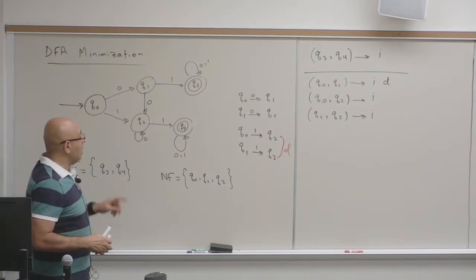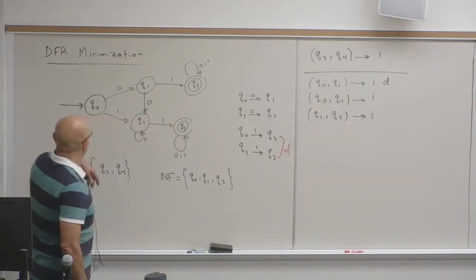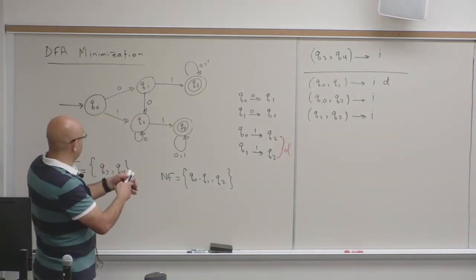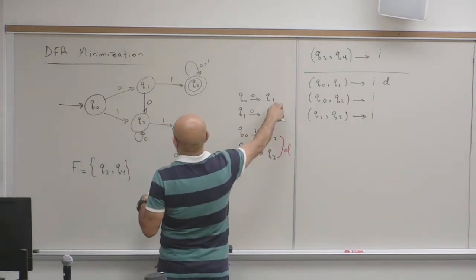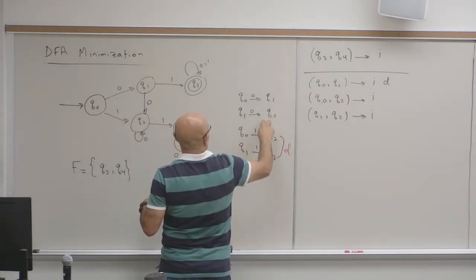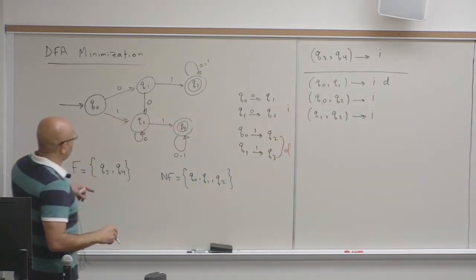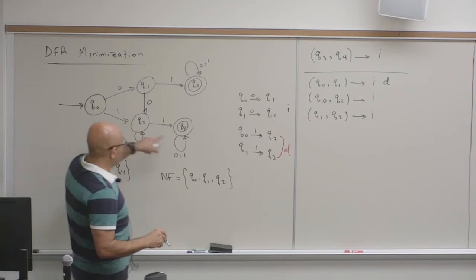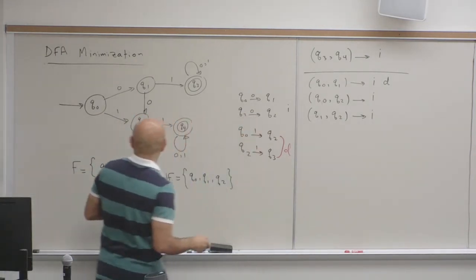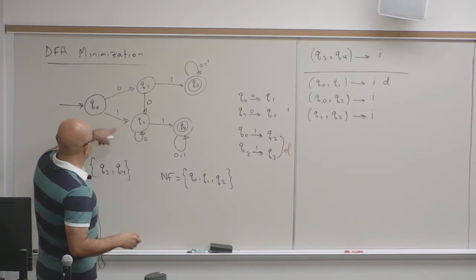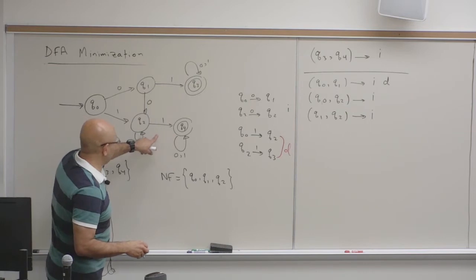Okay? Now I do the same thing for 0 and 2, and I get the same result. On a 0, this goes to 1 and 2 goes to 2. So this is indistinguishable. On a 1, comparing Q0 and Q2, 0 goes to 2 and 2 goes to 4.